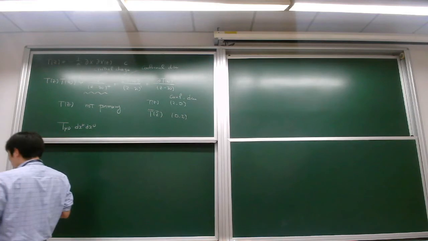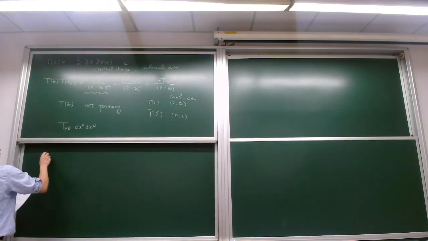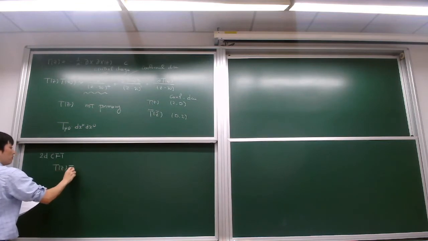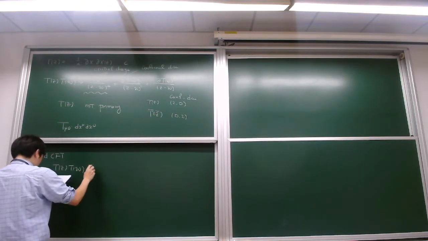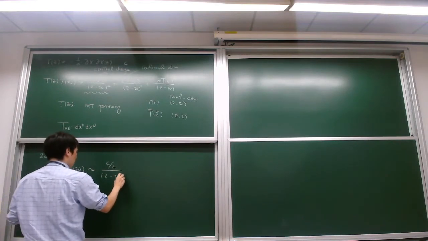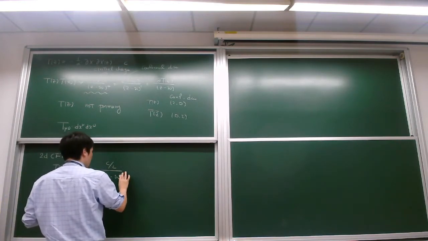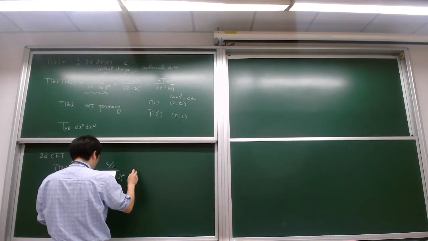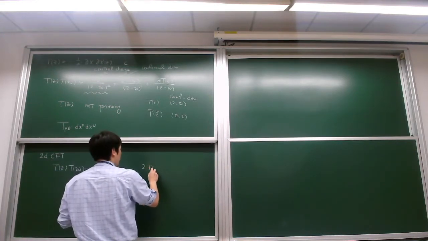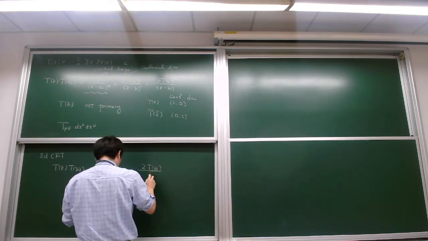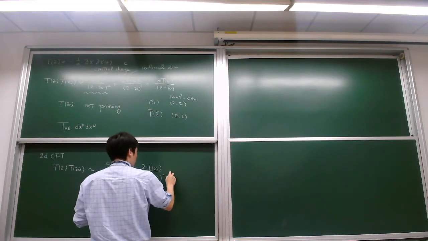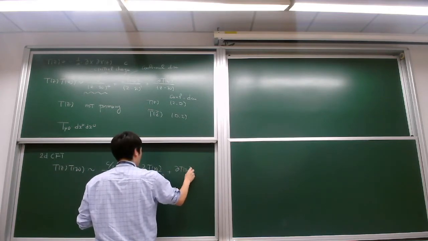Usually in 2D conformal field theory, the stress energy tensor takes the following form: c over 2 over (z minus w)^4 in the non-chiral theory, where the holomorphic and anti-holomorphic sectors are the same, plus the derivative of T(w).